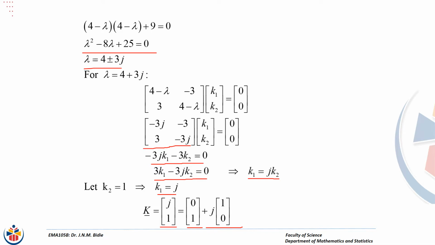I'm hoping that it makes sense. Please remember, j is equal to 0 plus 1 times j, so 0 stands for the real part, plus the coefficient of j goes into the second column. And 1 stands for 1 plus 0 times j, so the real part becomes 1 and the imaginary part becomes 0.